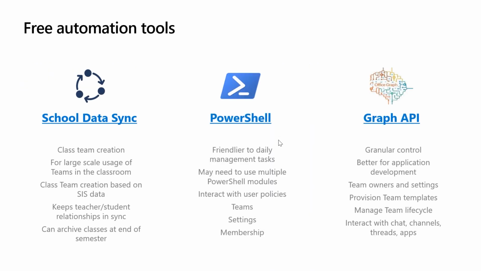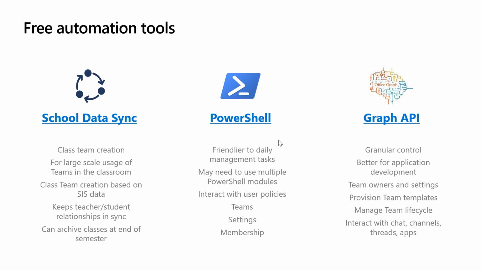All right. What we're doing a lot within schools is making sure that, especially around classrooms, the creation of teams happens in an automated way. And we really want to highlight 3 different platforms that you can use. And after this, I'm going to show you a demo on how you can automate team creation.